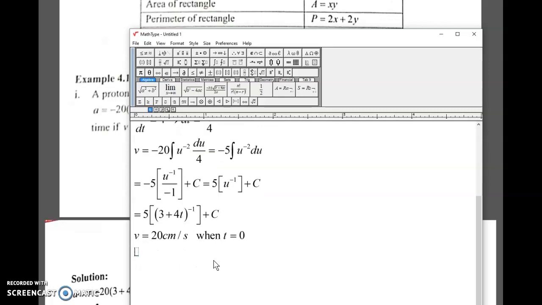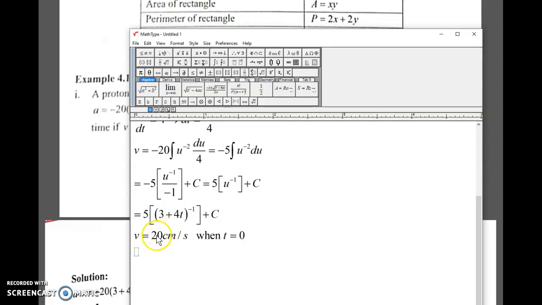We know that when t equals 0, the initial velocity, because the time still hasn't moved yet, v equals 20.